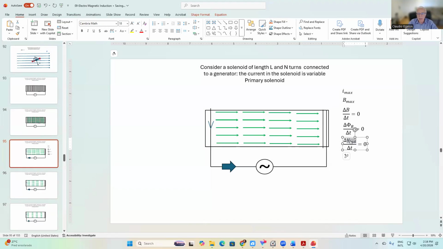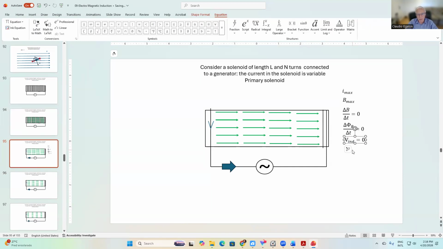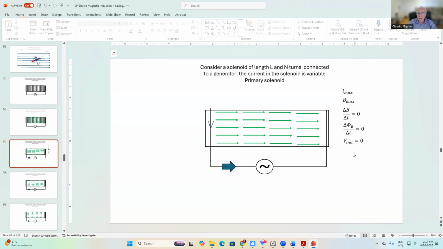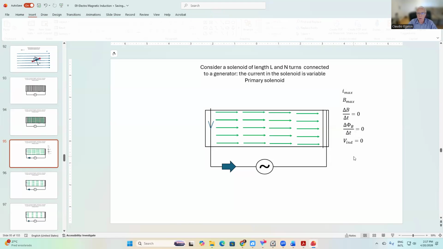Induced voltage is directly proportional to delta B over delta t, right? And because the induced voltage is zero, the induced current is also zero.